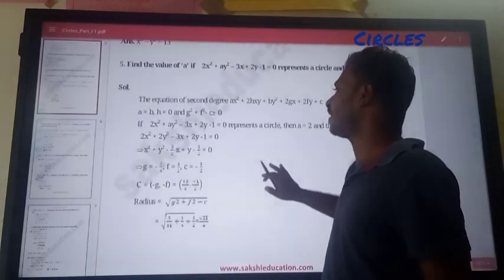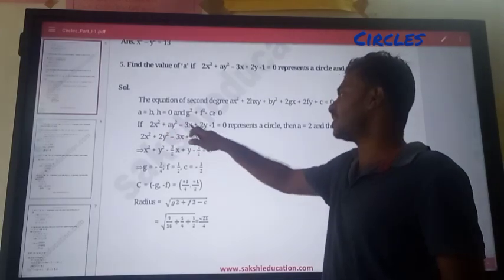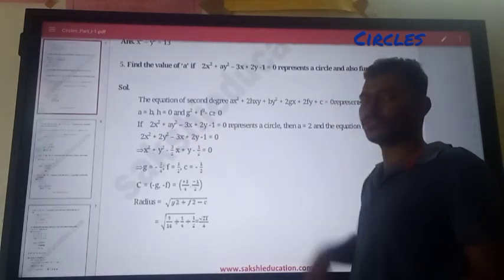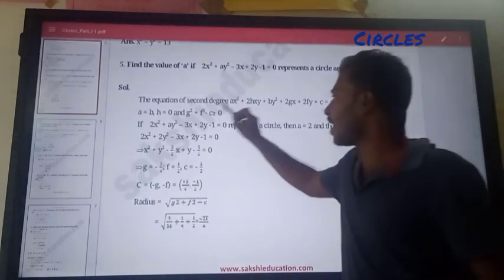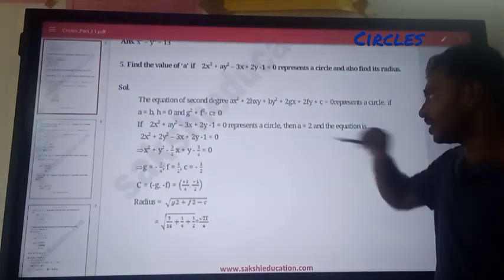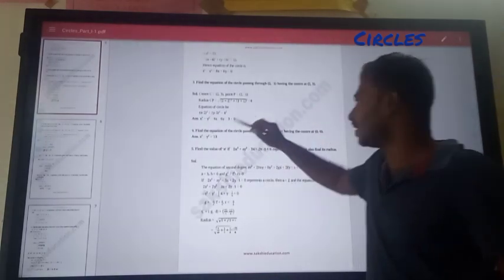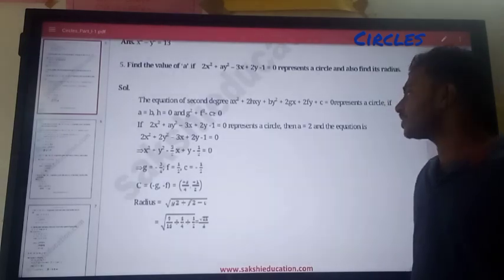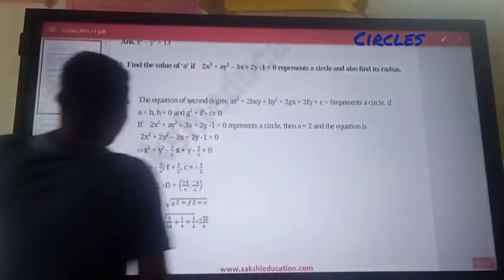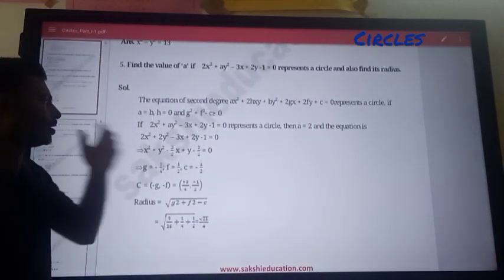Now the given equation 2x² plus ay² minus 3x plus 2y minus 1 equal to 0 represents a circle. So here a equal to 2, because the x² coefficient is a. So we should write down here the a value is 2.